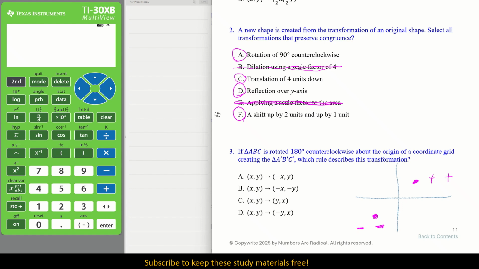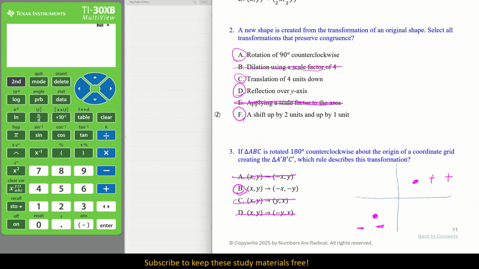So what we need to do is look at A, B, C, D, and in which situation do we keep the x and the y in the same position? Well, that's A and B. Definitely not C and D. And then which one has negative negative in front of it? Well, that's B. Now, I want to point something out very quickly.